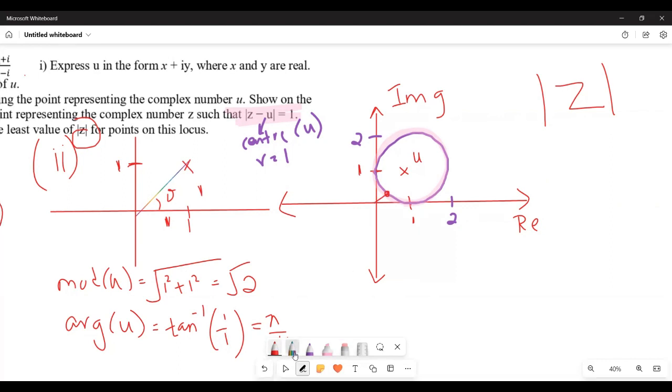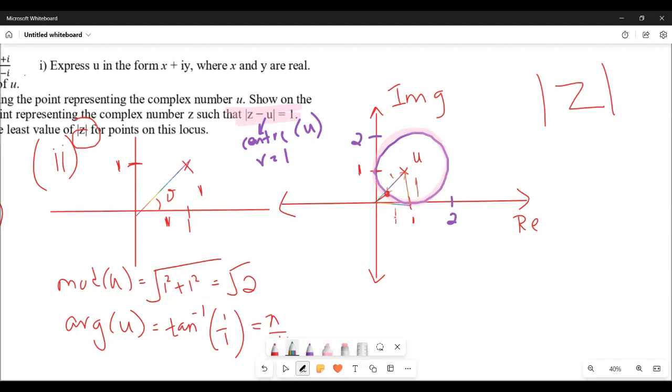Now to find this, what I'll do is connect this to this. And I know that this length here is 1. Yahan se yahan tak is 1 because that's the radius. So if I can find that entire length and subtract 1 from it, then I'll have the minimum value of the modulus. Then I know that this length is 1. And I know that this length is also 1. Yahan se yahan.